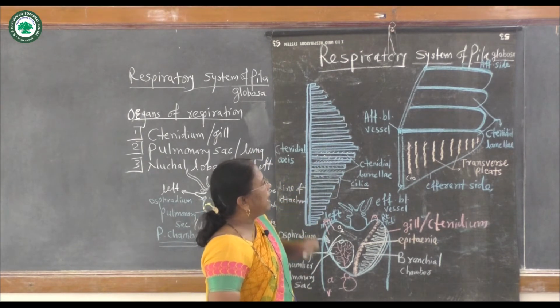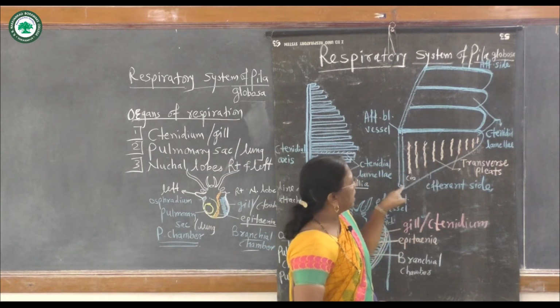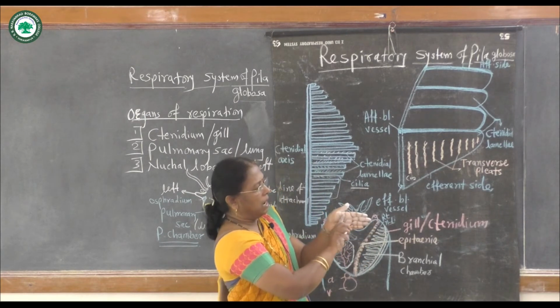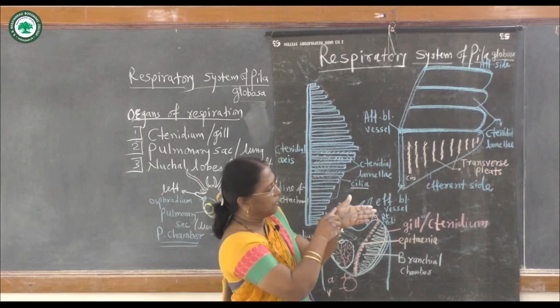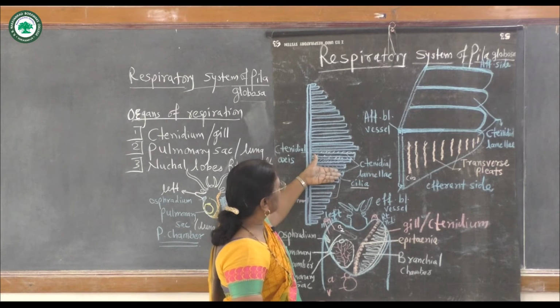Each lamella shows on both its surfaces, suppose this is the anterior surface, this is the posterior surface, this is the broad end, and this is the narrow or pointed end attached like this.